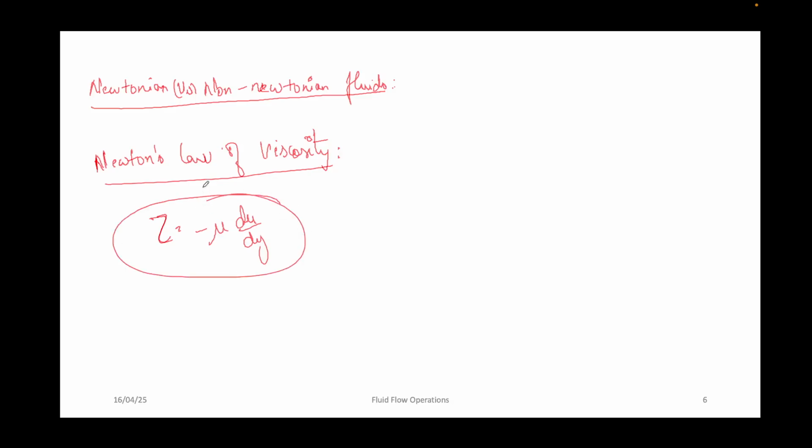So, if a liquid follows this Newtonian law, then it is considered a Newtonian fluid, and if it doesn't follow this particular law, it is called a non-Newtonian fluid. Okay, so we have different types of Newtonian and non-Newtonian fluids. So can someone give me examples of Newtonian fluids and non-Newtonian fluids, or a classification of them?